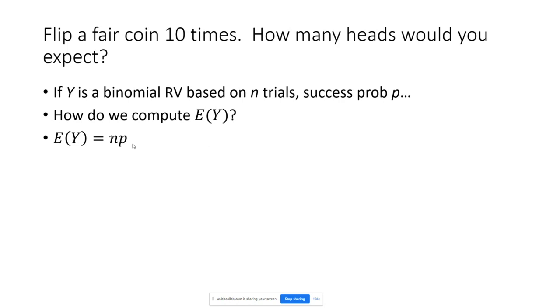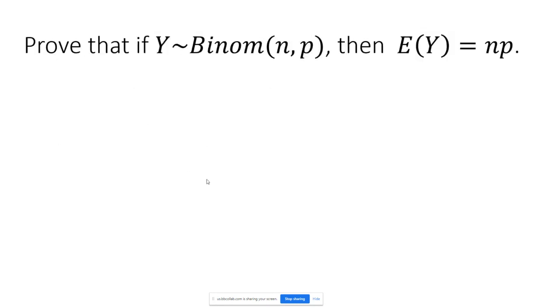Let's go ahead and prove that this formula really works. So we're going to prove that if y squiggle binom(n, p), this squiggle here means has the distribution. So it doesn't mean approximately, it means that y is a random variable with this distribution.